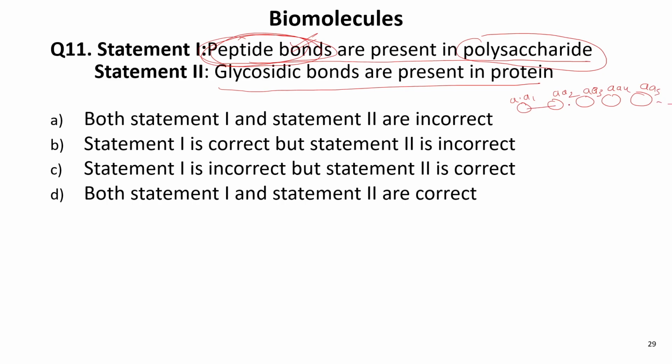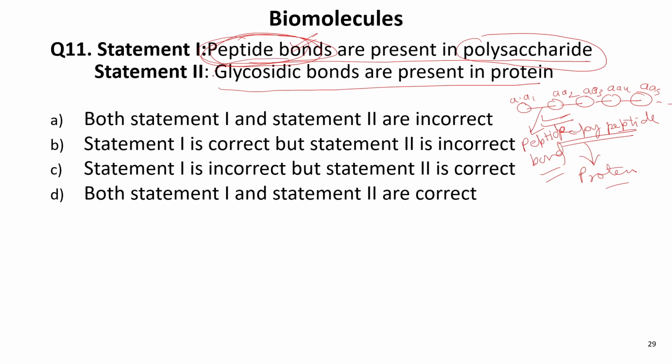These are linked with the help of peptide bond, and it forms the polypeptide, which later forms protein. So peptide bond is the characteristic of protein, not the polysaccharide.